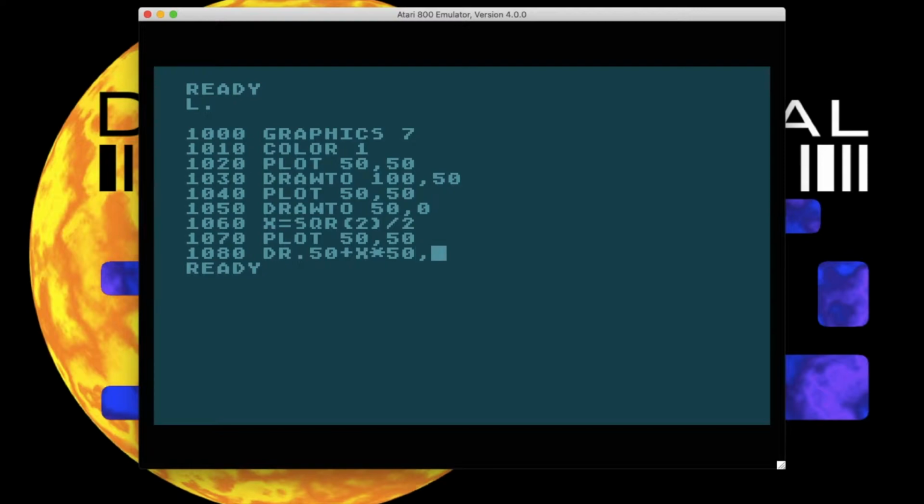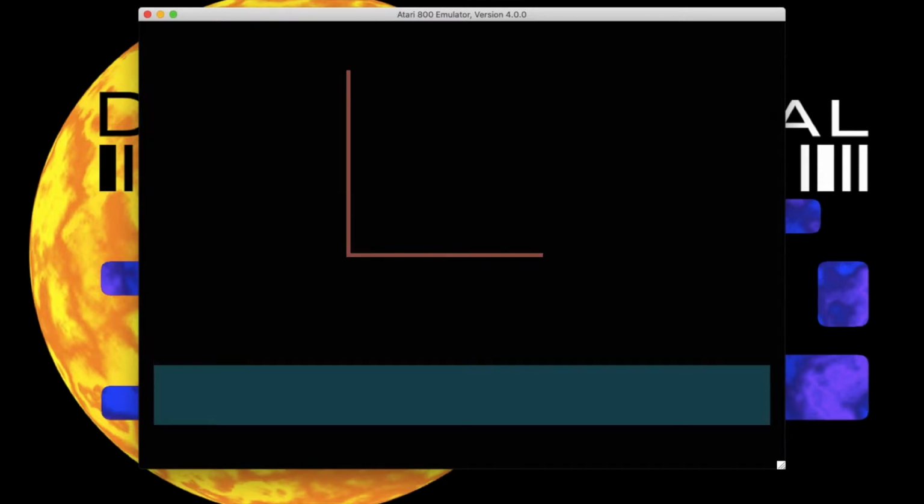And then here we're going to go 50 minus x times 50. There we go. Now let's see what that does. Yeah, there we go. So that looks like a circle around there. So that's our 45-degree angle.